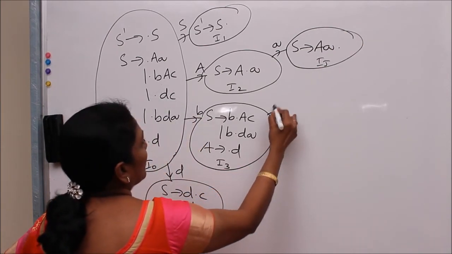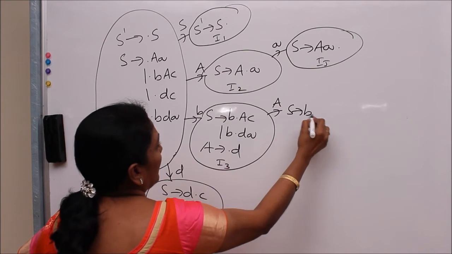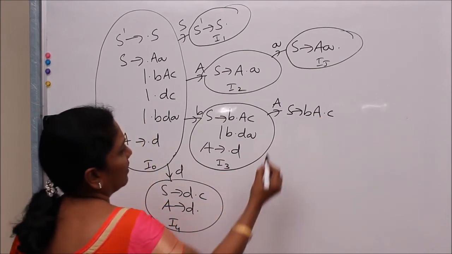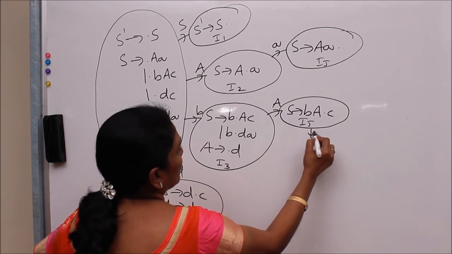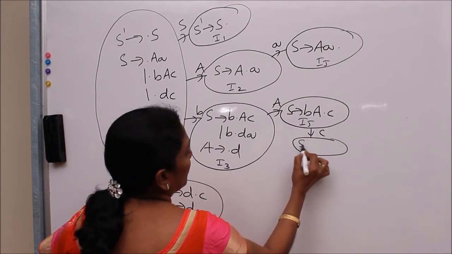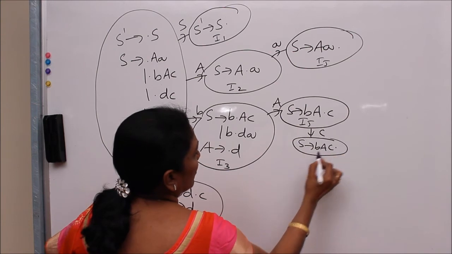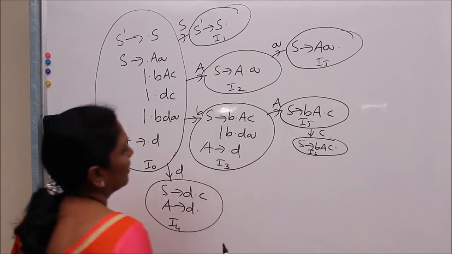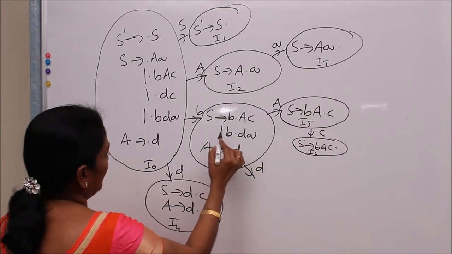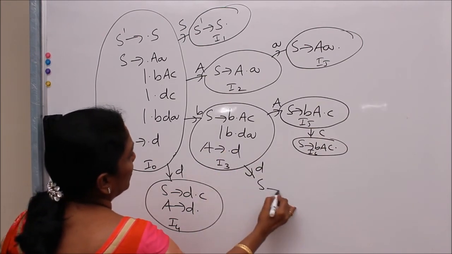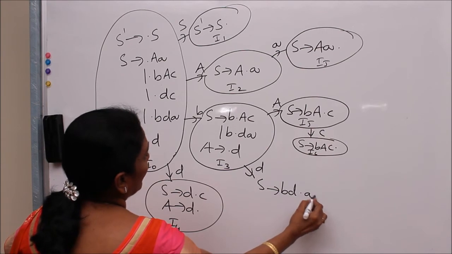Now this one on A is S to BA dot C. Only one final item, I5. This one on C would be something like S to BAC dot. Let this be I6. Now coming to this one on D, it is S to BD dot A.